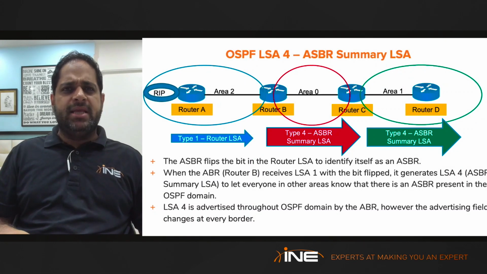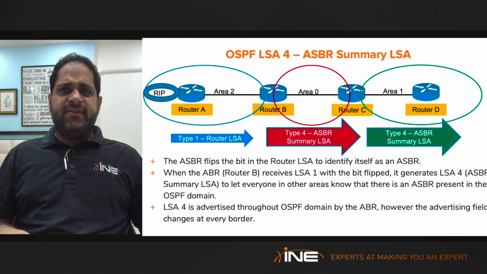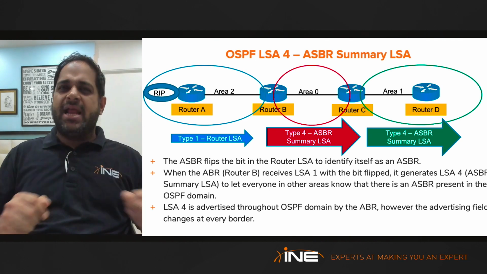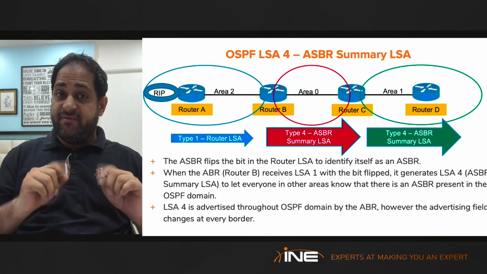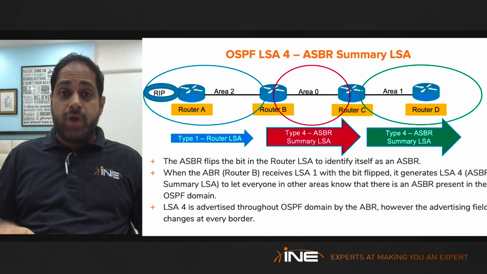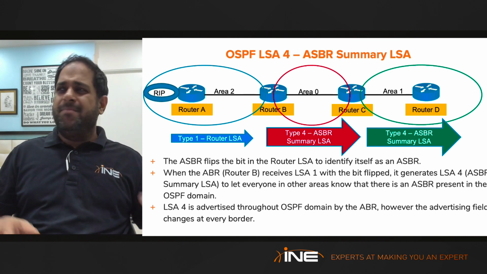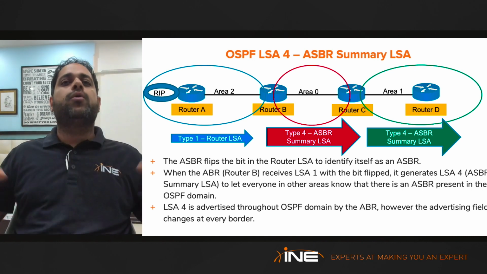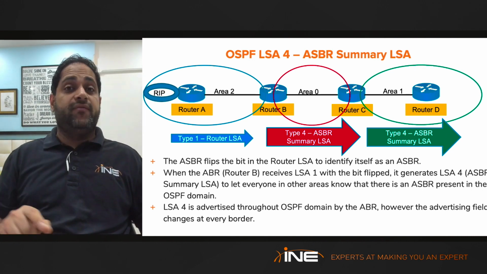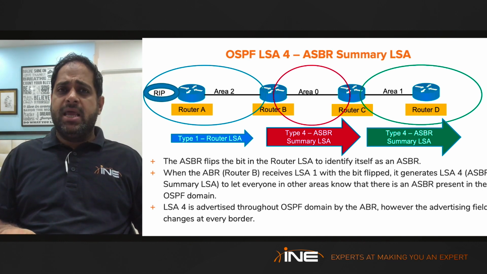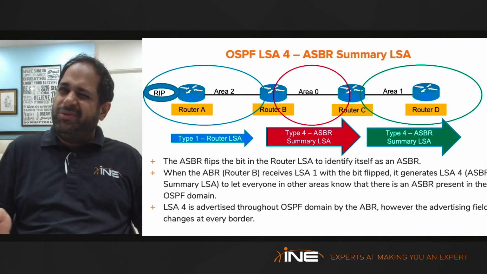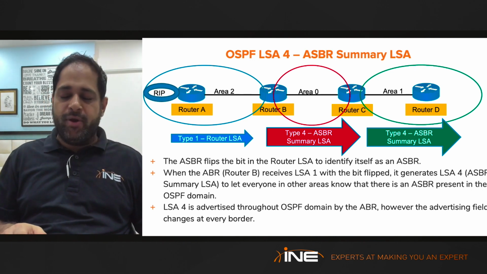The next one is LSA 4. LSA 4 is the ASBR summary LSA. Now again, LSA 4 is not prefix information. It is router ID information of the ASBR. So the minute there is an ASBR present in your OSPF domain, for example, if you look at this diagram, I have router A, which has a RIP domain somewhere, though nowadays nobody uses RIP.